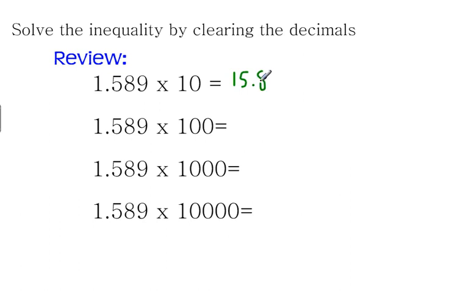Well, how did that change? It looks like I just moved the decimal one time from here to here. There was 1 0. That means I'm moving one place.